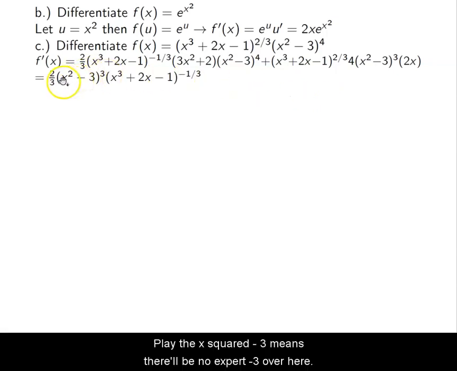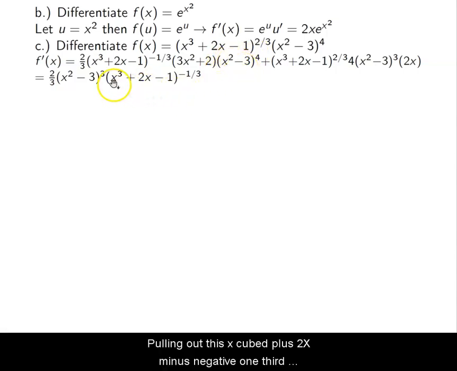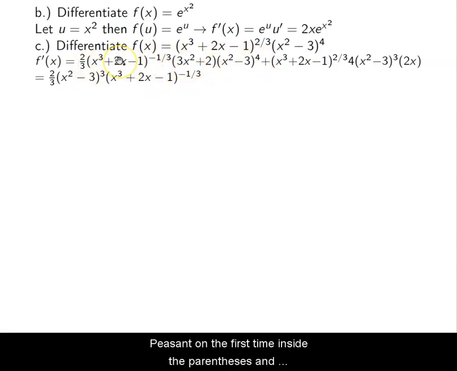Okay. Pulling the x squared minus 3 means there will be no x squared minus 3 over here on this second term, and on my first term, I will only have one of them, 1 x squared minus 3. Pulling out this x cubed plus 2x minus 1 to the negative 1/3 means I will have none of that present on the first term inside the parentheses, and on the second term, only 1 will be there because it'll bump up by 1.